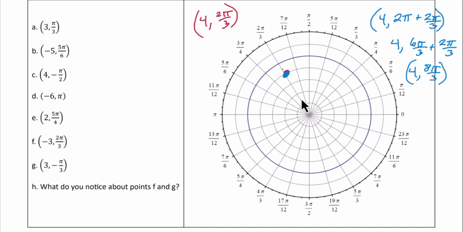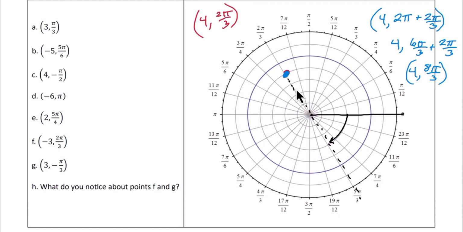An alternate way to represent that exact same point is, starting from the polar axis, what if we swept the angle out in the opposite direction? Down here. So here's our terminal side, but this time we want to be on the opposite side of our terminal side. We want our point to be up here at the same place.